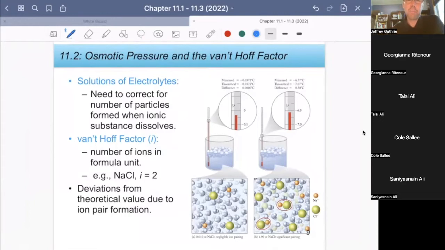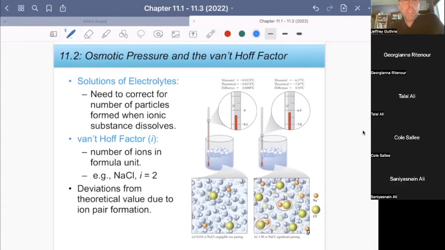Something like sugar is non-ionic, so it's not going to break up in solution. When it dissolves in water, it's still just a sugar molecule. One sugar molecule as a solid, one sugar molecule as it's dissolved.